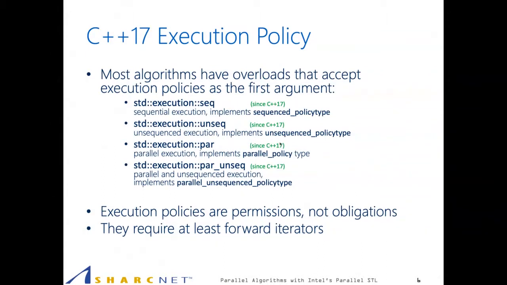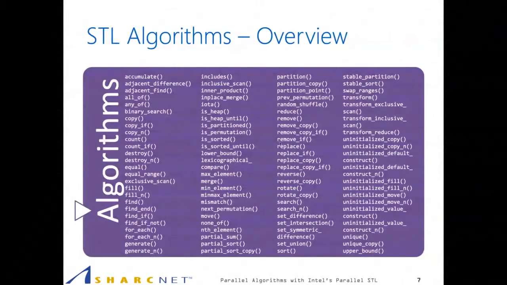Intel's Parallel STL actually only supports random access iterators, so you can only use it on vectors and not on lists. This is an overview of all current Standard Template Library algorithms sorted alphabetically.